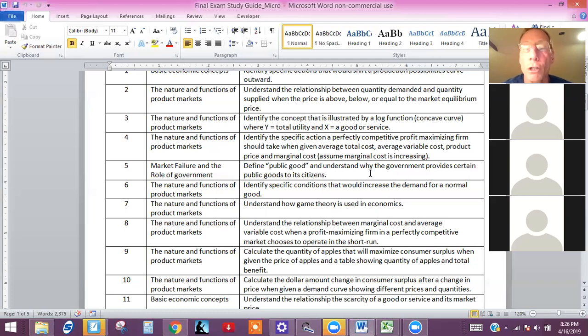So a public good is something that the government usually provides because it's impossible to charge only the folks who use it, because it's something that cannot be excluded. It's impossible to exclude, and it's not anything that would be considered rivalrous.